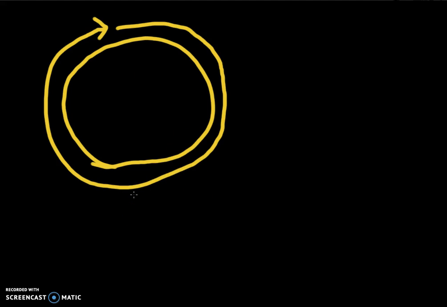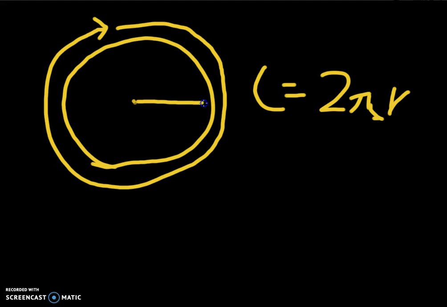Now I'm going to introduce one new value, which is pi. Pi is part of the formula to find the circumference. So the circumference C is equal to 2 pi r. R is the radius of the circle. The radius is the distance from the center point to any part of the circle.